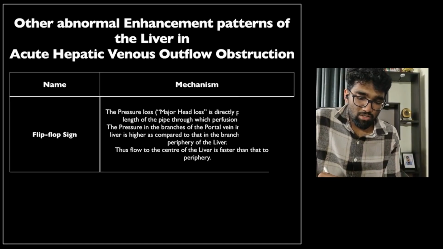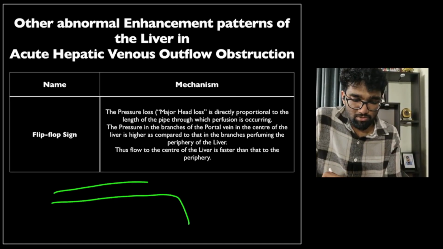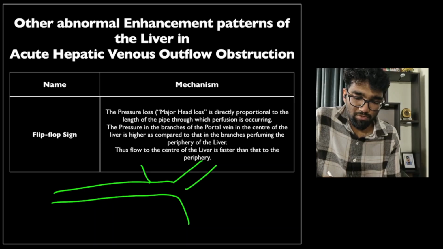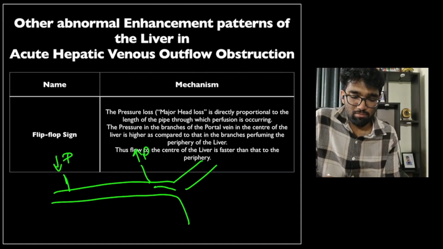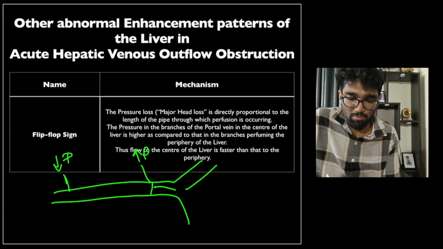So if a branch is arising from the part of the portal vein close to the bifurcation, versus a more distal part, the pressure in one will be lower and in the other slightly higher. Because in one case the blood only had to pass through this much of the portal vein, and in the other situation it has had to pass up till here.